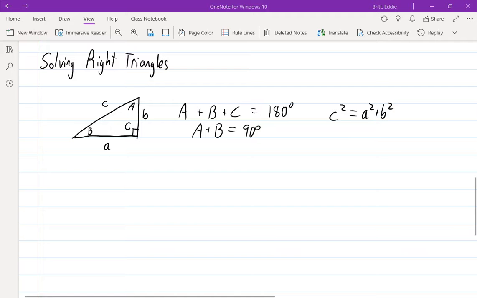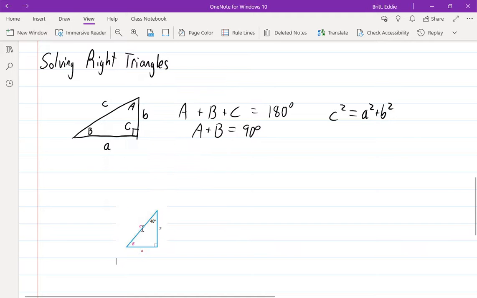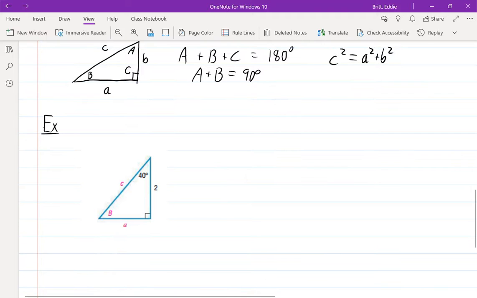Alright, so here's the first problem. So let's say we had this triangle. If I wasn't given the triangle though, I could still draw a triangle like this.